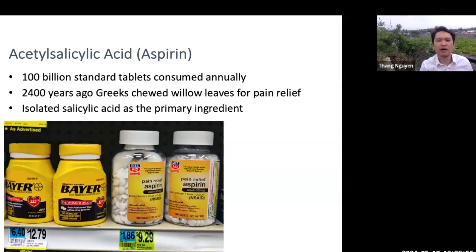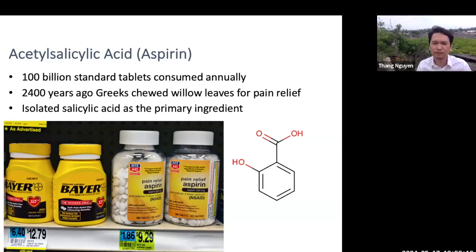But that's where modern science comes in. More recently, it has been isolated and understood that the main ingredient for that pain-relieving action is a compound known as salicylic acid. Okay, so this is the molecule of salicylic acid. Let's review our organic chemistry here.